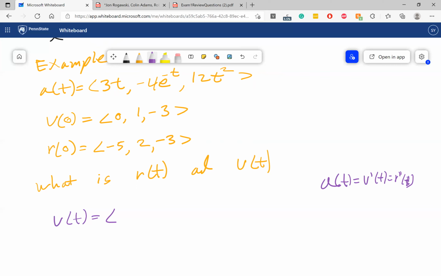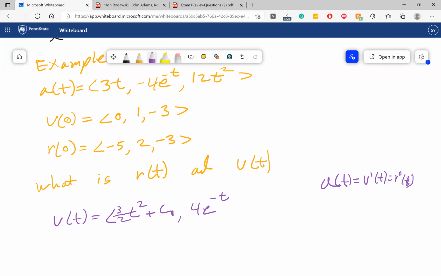That is going to be 3t squared over 2 plus some constant c1. In the second component, your antiderivative is 4e to the negative t, right?